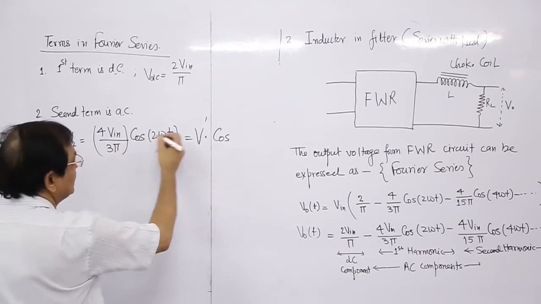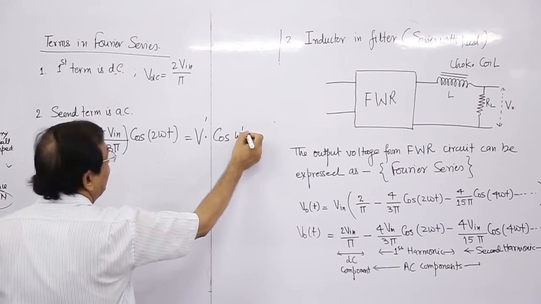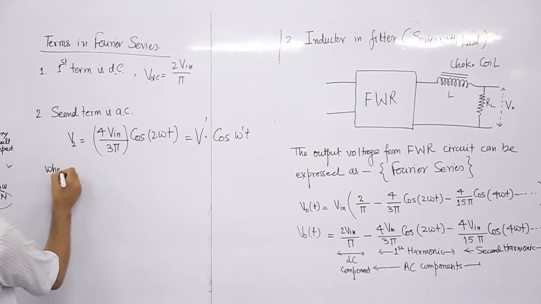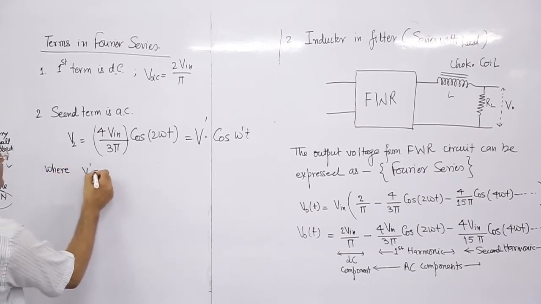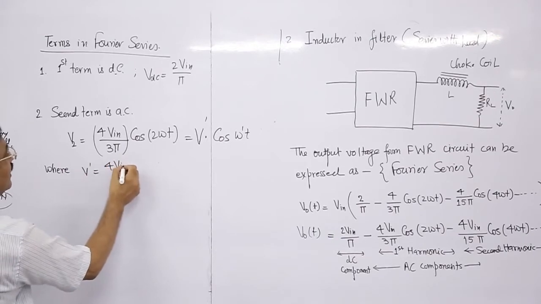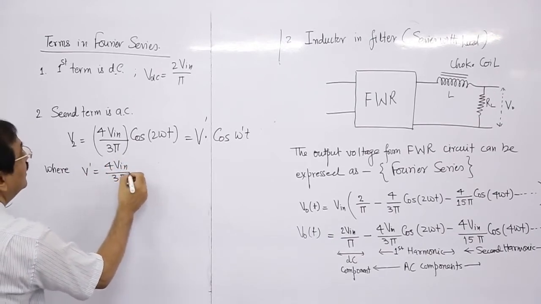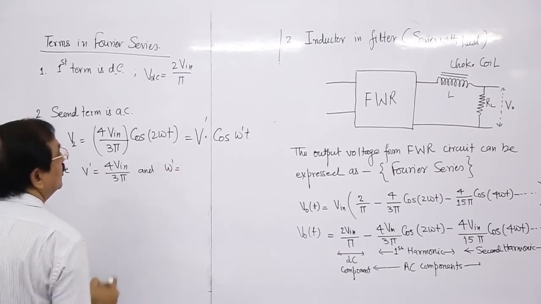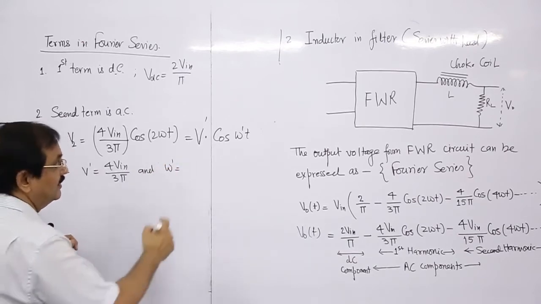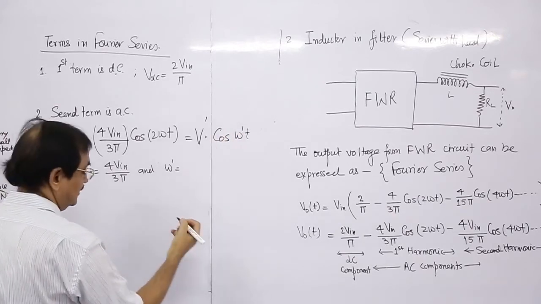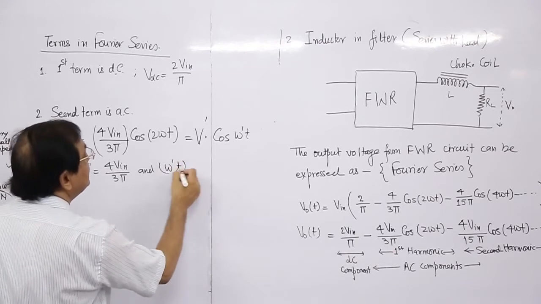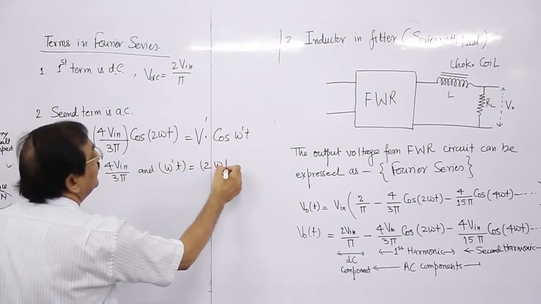Let us see, this cos 2 omega t is cos omega dash t, where V dash is equal to 4 V_in upon 3 pi and omega dash t is equal to 2 omega t.